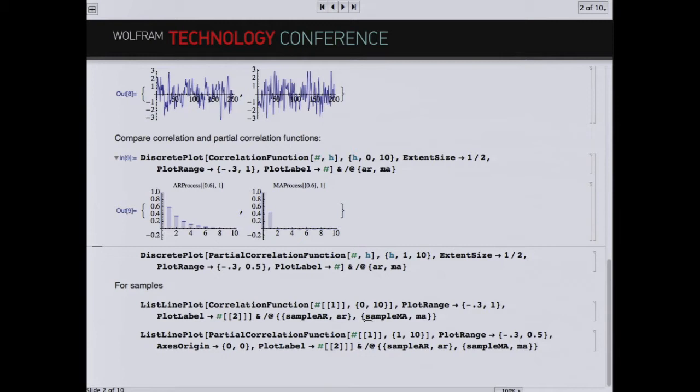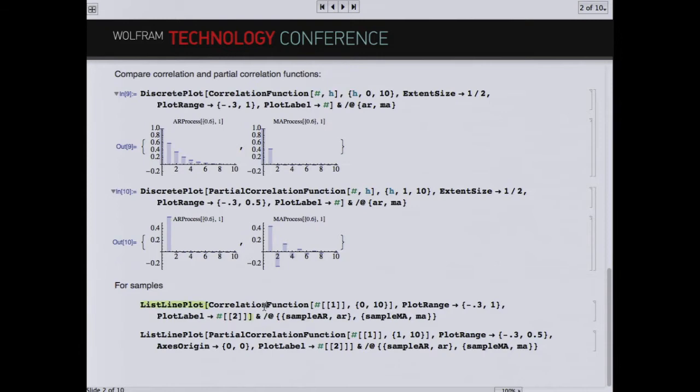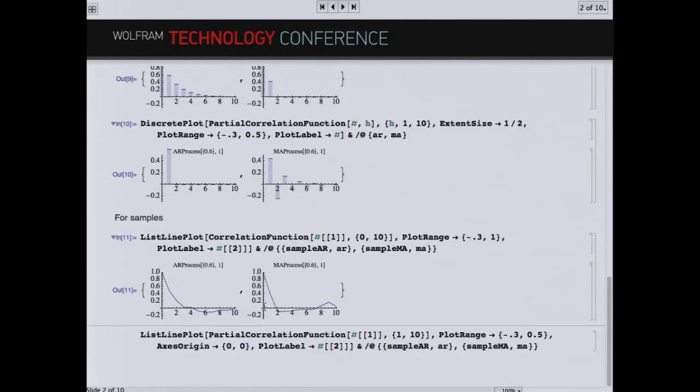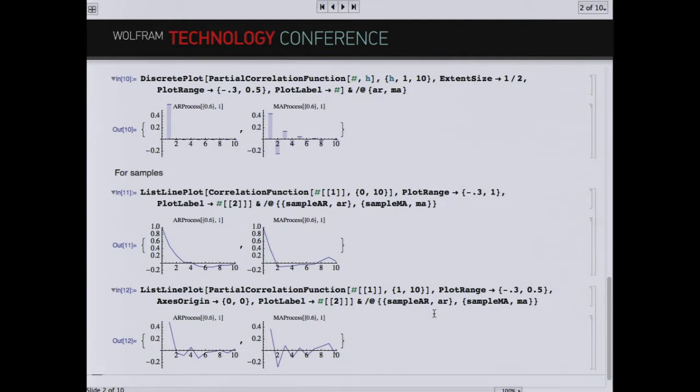For the AR process, we see that the support is infinite, and for the moving average process, the support is finite. And then there is another function which is also used to distinguish between the two. It's the partial correlation function, and now the support is kind of switched. So we can run these functions on samples, and I'll also see how much they reflect the property of each process to help us identify which is which.